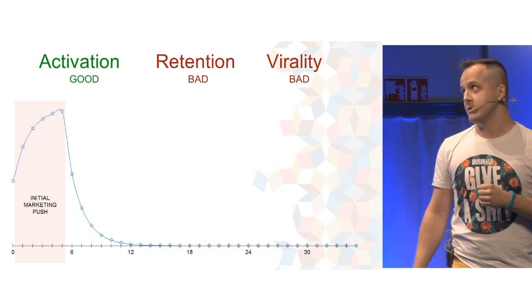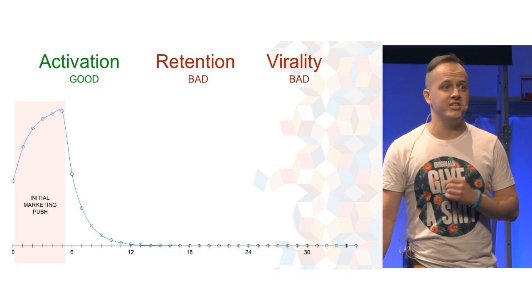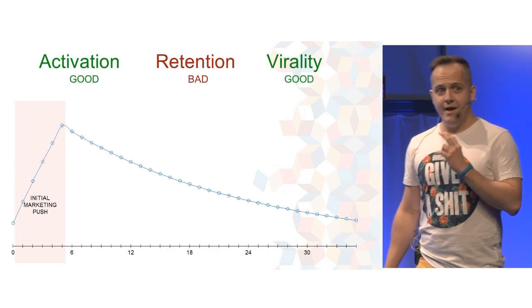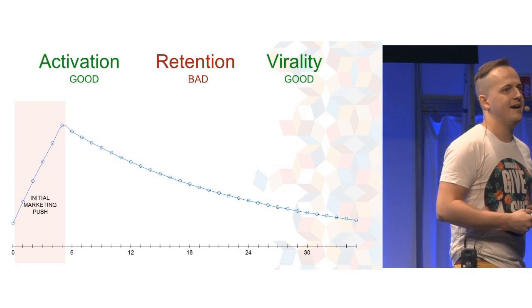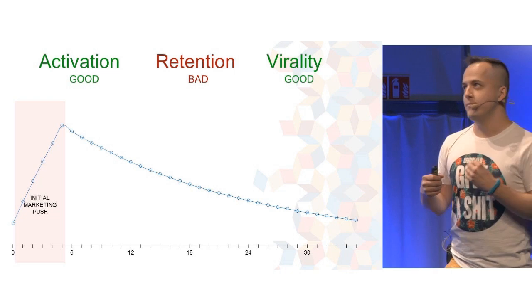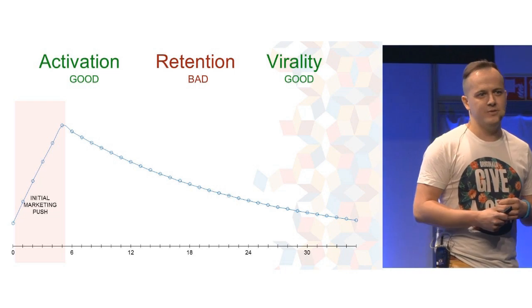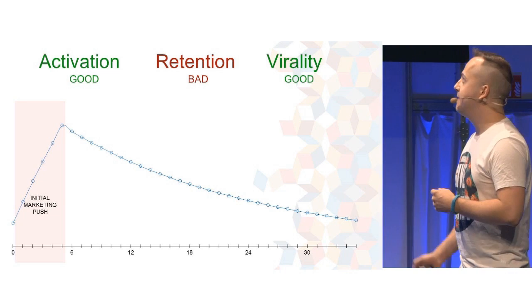And what happens afterwards? If you have only good activation, your product is actually dead in 12 months. If you have good virality, you are in a better situation, so your hype cycle is amplified and you have more usage then. But then the end result is actually more or less the same. You are dead, it just takes longer.